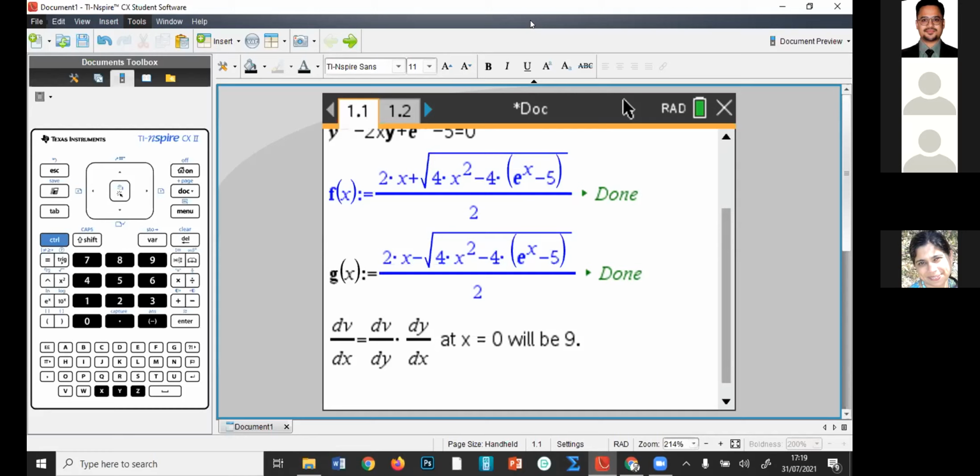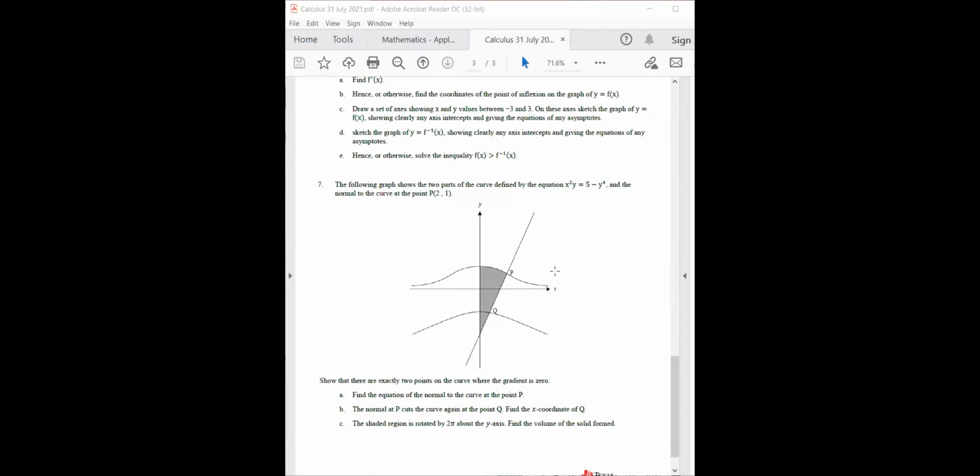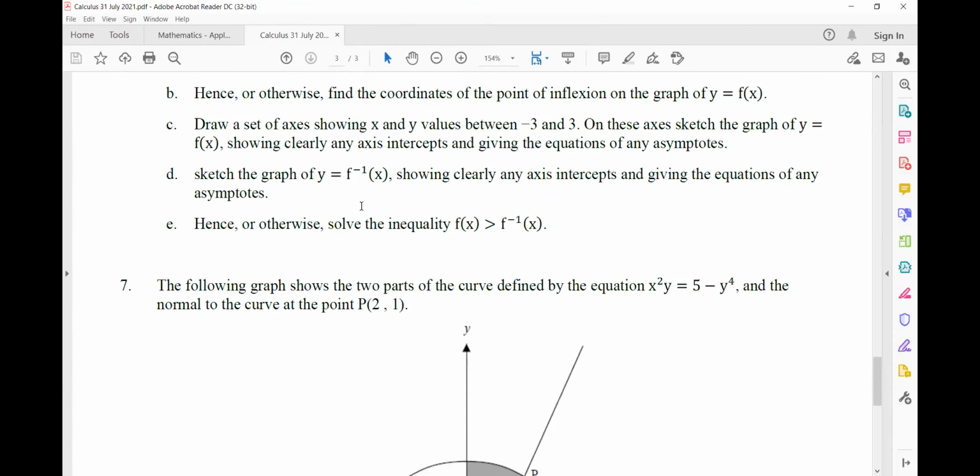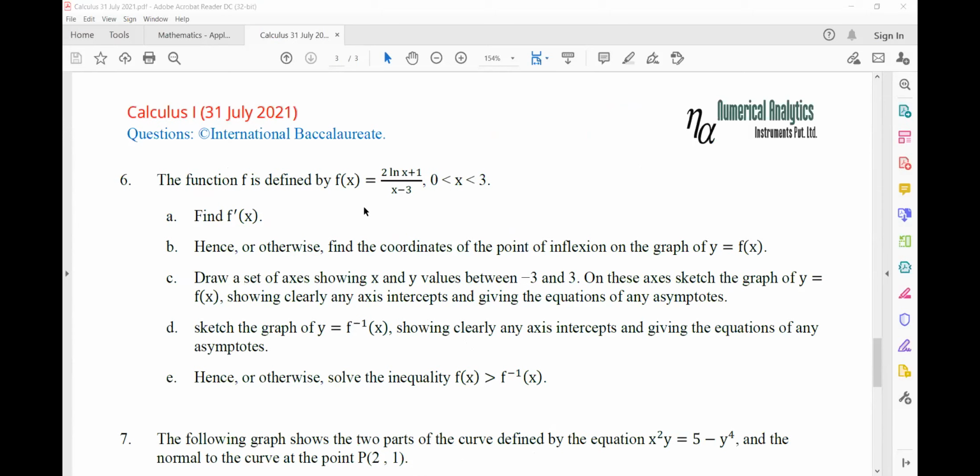It says that the function f. Hassan, can you show this question on the screen, please? Number six. The function f is defined by f(x) equals 2 ln(x) plus 1, everything divided by x minus 3, where x is between 0 and 3.